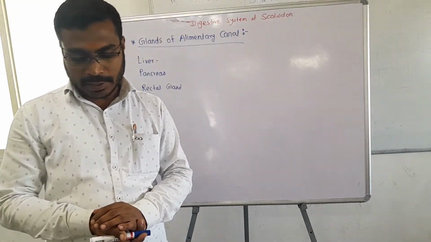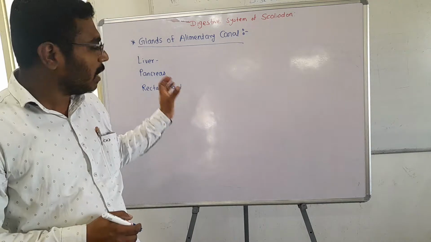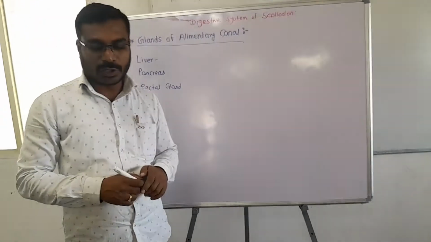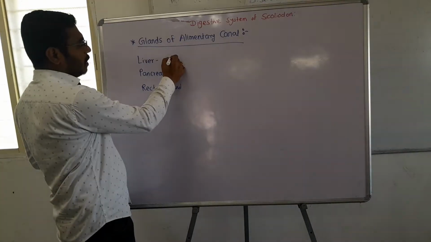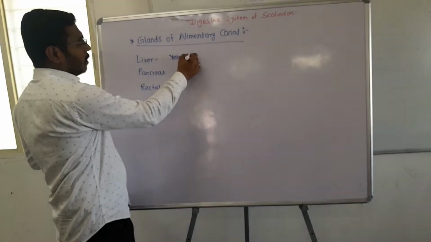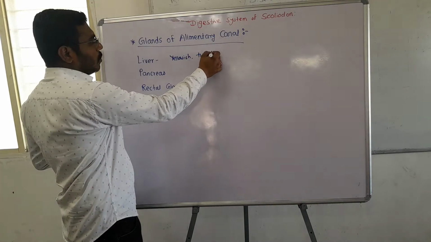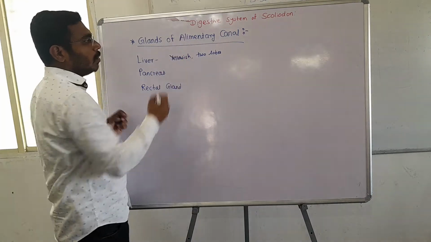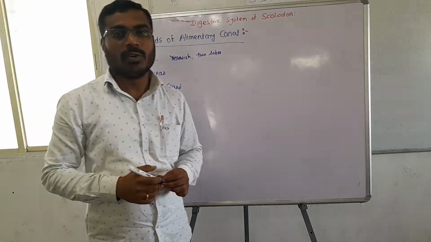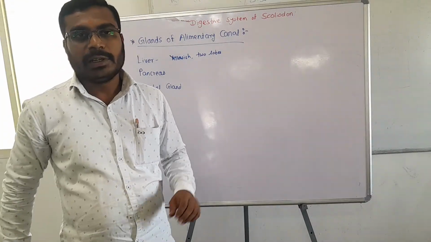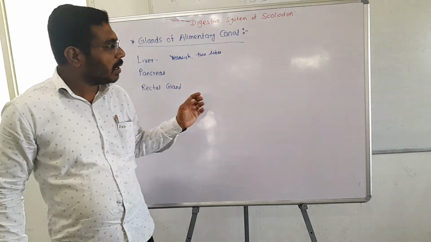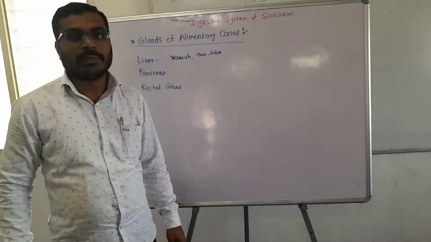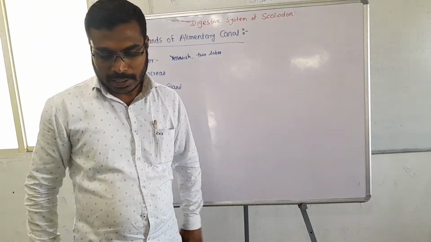Now, the liver is an elongated, yellowish gland and it consists of two lobes. It is a bilobed gland and it extends back along the greater part of the abdominal cavity.